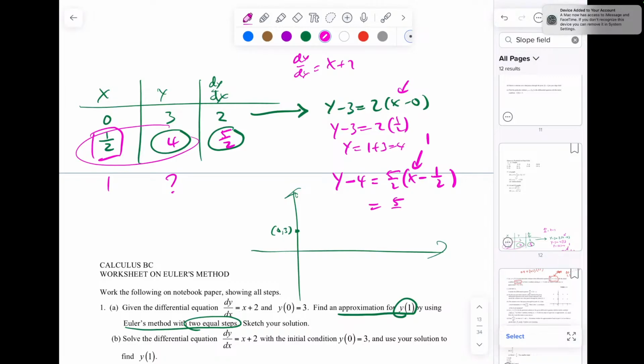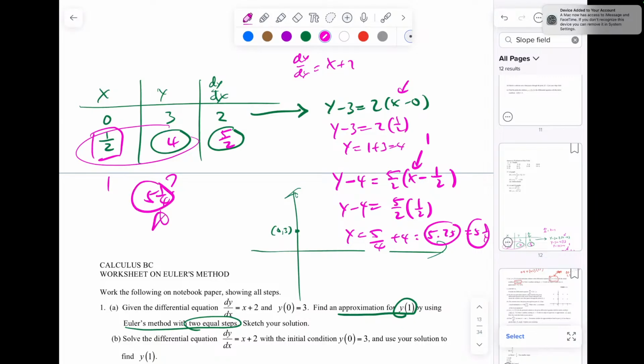So this would be 5/2 times 1/2, y minus 4. So y is equal to 5/2. No, 5/4, sorry. 5/4 plus 4. So it'd be 5.25 or 5 1/4. So that we know at here is going to be 5 and 1/4. And that's the value we're looking for. We're using 2 steps to get there.